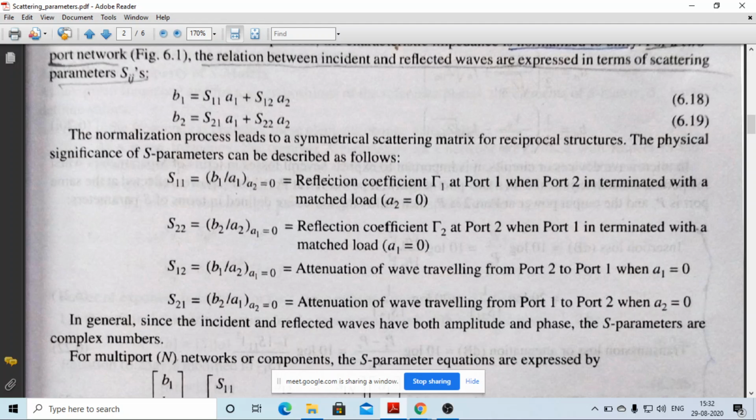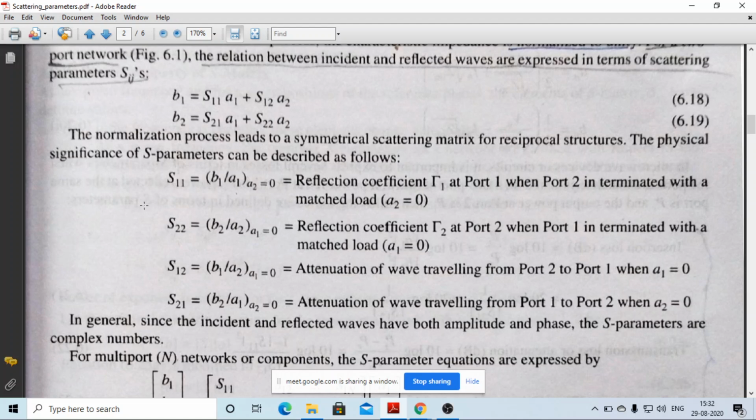Your reflection coefficient may be at port 1 and may be at port 2. The first is B1 by A1, the reflection coefficient tau 1 at port 1 when your port 2 is terminated with a matched load, meaning there is no reflection at port 2, so A2 is always 0.